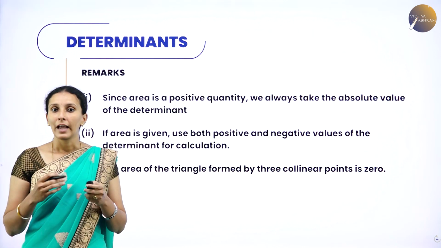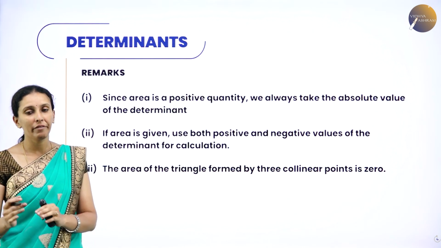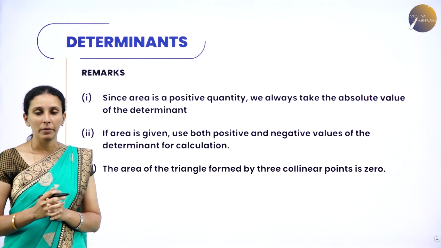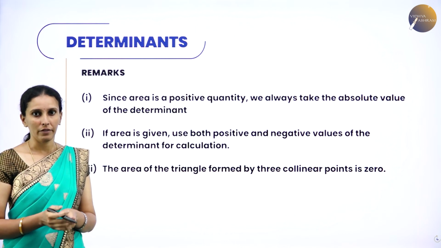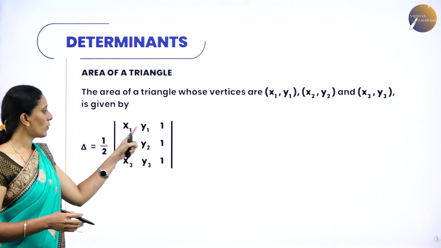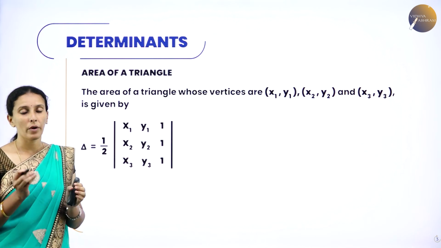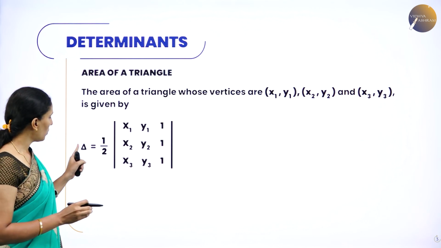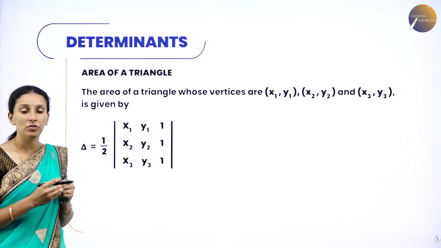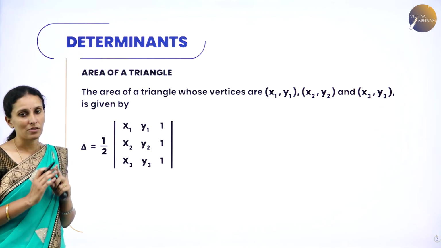And whenever any point is unknown and only the value of the determinant, that is the area of the triangle, is given, for example, if (x1, y1) is known, (x2, y2) is known, and (x3, y3) is unknown, we don't know the point (x3, y3) but we know the value of delta. Suppose they give 3, then we have to take both plus and minus.